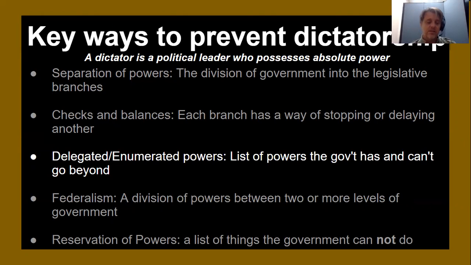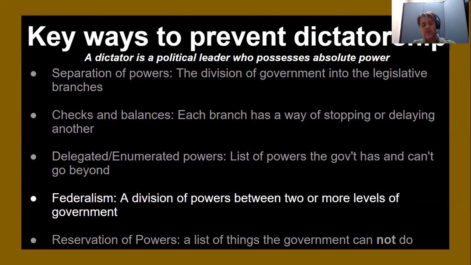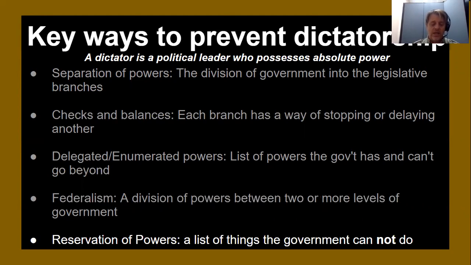And if it's not listed, they're not supposed to be able to do that. Federalism, meaning there are different levels of government. And we'll get into that later, but we have this federal government, state governments, and local governments. And reservations of powers. These are powers held by the state that the federal government can't run over, can't take away, can't usurp.